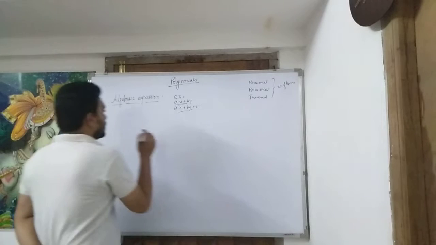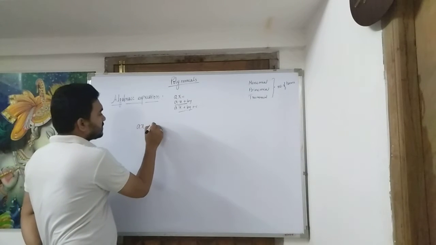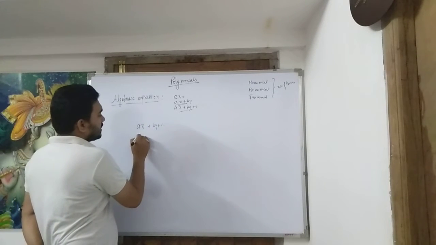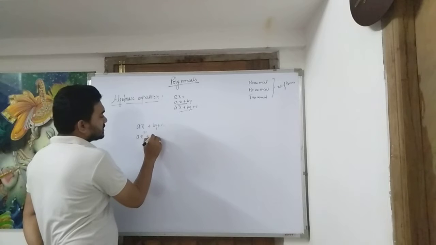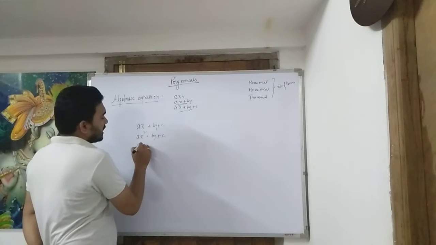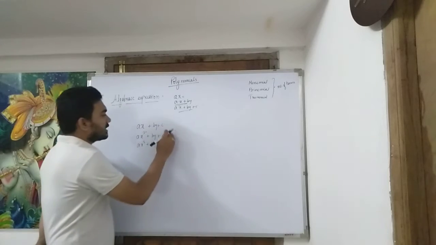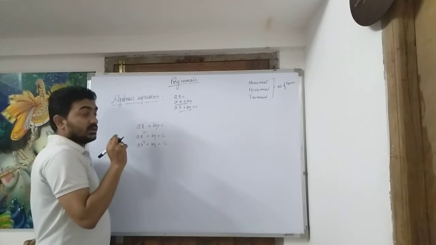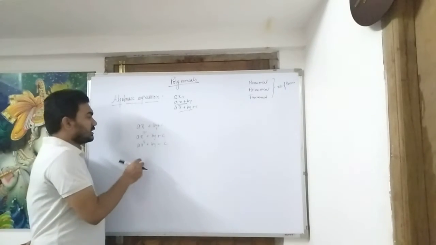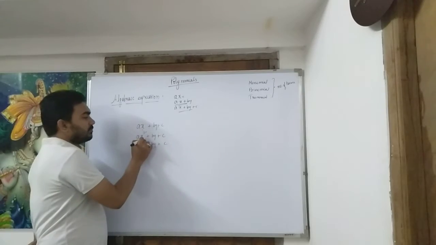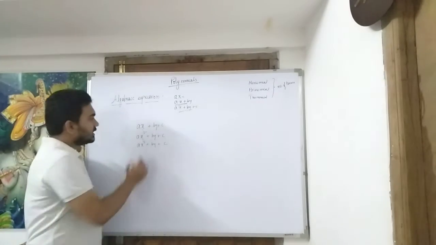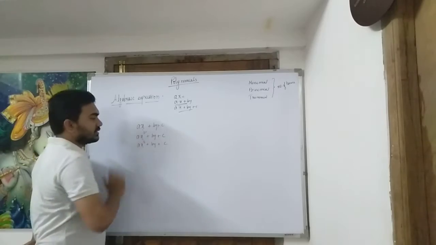Now let us take another example, ax plus by plus c, another ax square plus by plus c, ax cube plus by plus c. All of them are now trinomials, but the varying thing is the exponent of x: here it is 1, here it is 2, here it is 3.